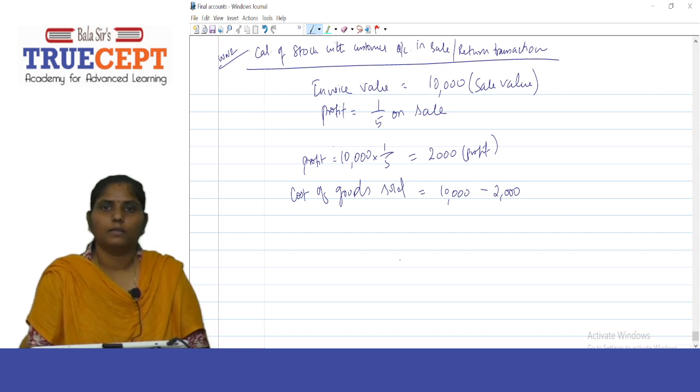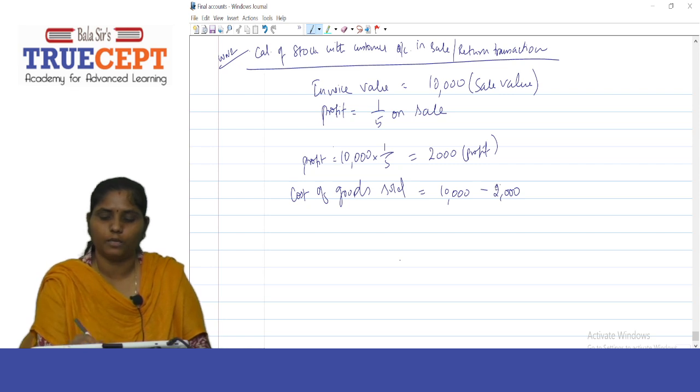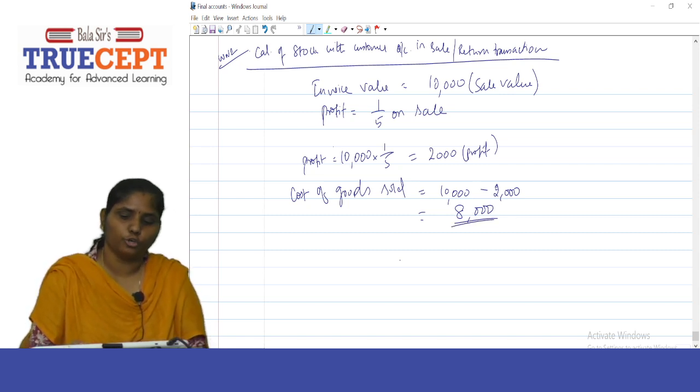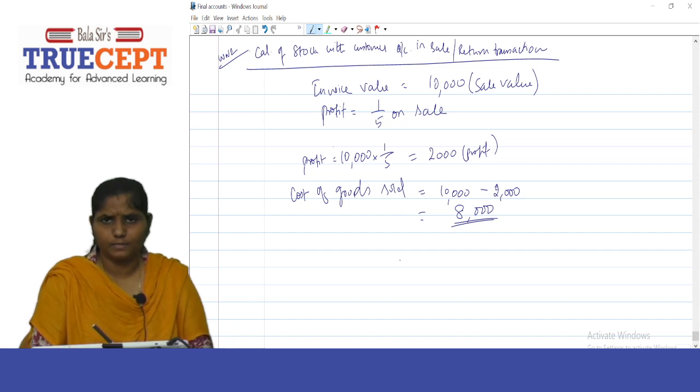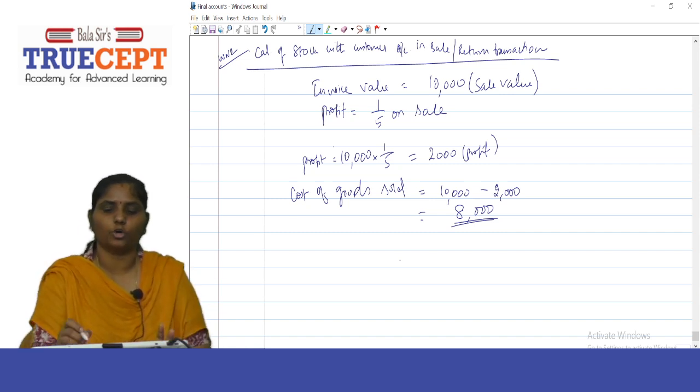What is that? Sales minus gross profit. That's what we're doing here, right? Sales minus GP. So how much? 8,000 is the cost of goods sold. So how do I adjust this? For this, the working note is enough. In the examination, this is the working note that is required. After that, you can show this 10,000 in the 2 places and this 8,000 also in the 2 places. That's how we adjust it.